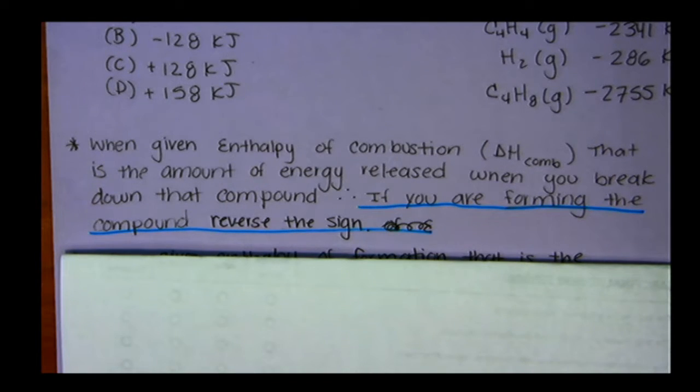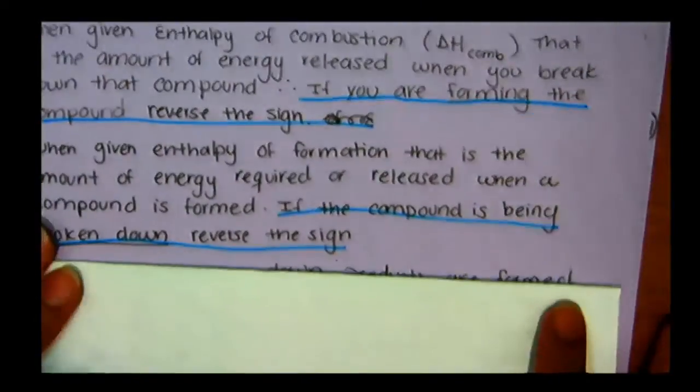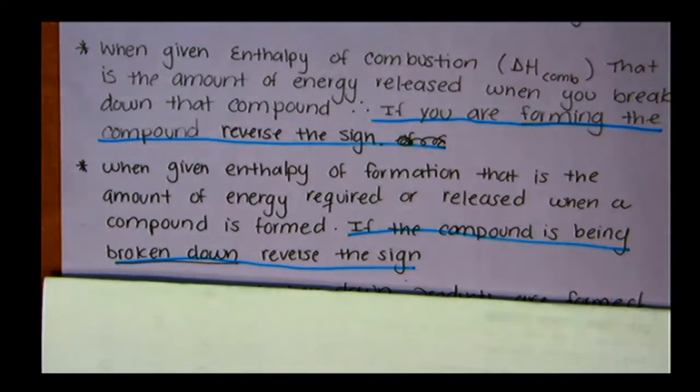If you're given enthalpy of formation, so delta H of formation, that is the amount of energy required or released when you form the compound. So if you break the compound down, and it's a reactant, and you're breaking it down, flip the sign. If you're making it, keep the sign. So in this case, it's combustion, so it's the amount of energy released when it's broken down.